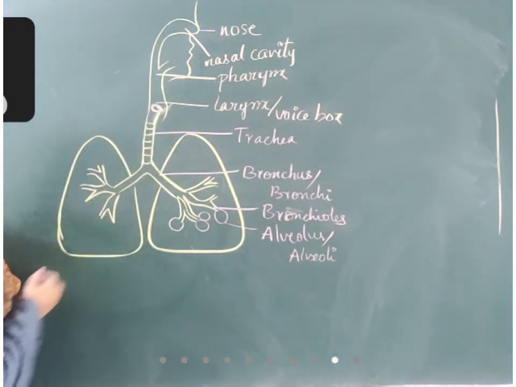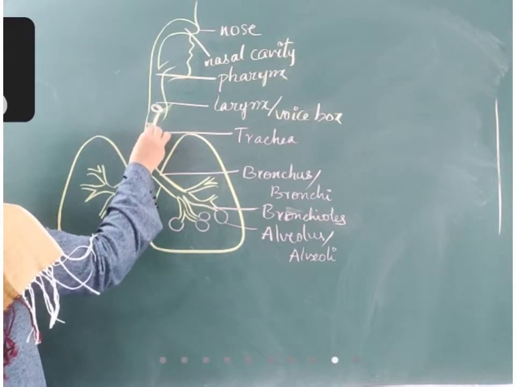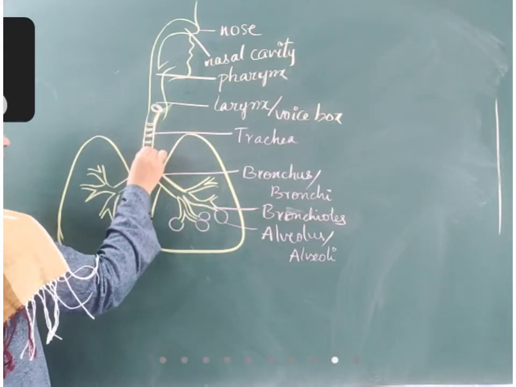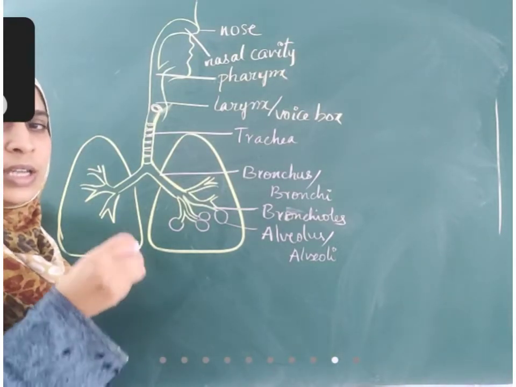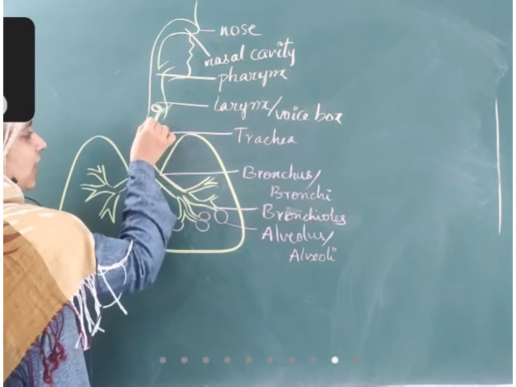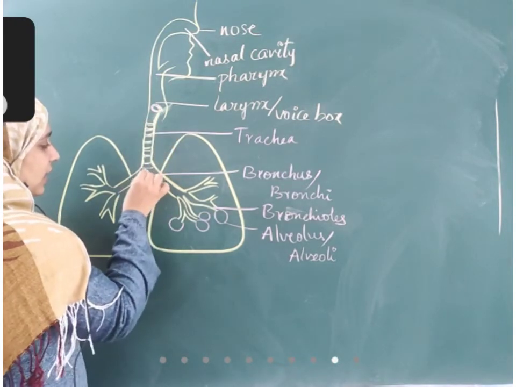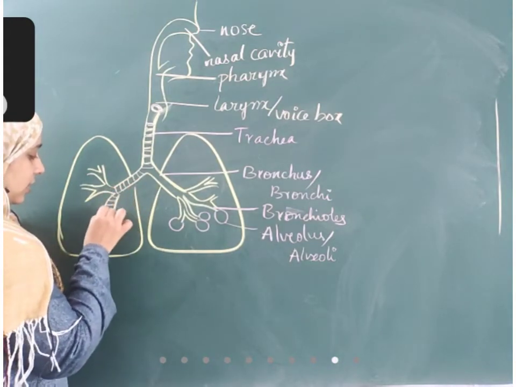Over the trachea, there are small cartilage rings. These cartilage rings hold the trachea firmly in its position. These cartilage rings start from the trachea. They continue in the bronchus and also in the bronchioles.